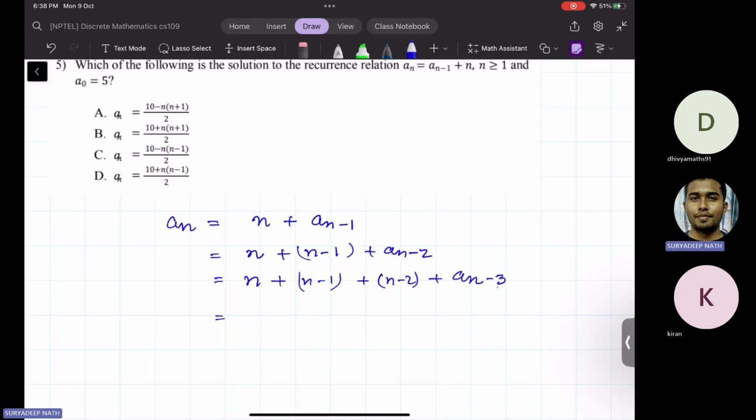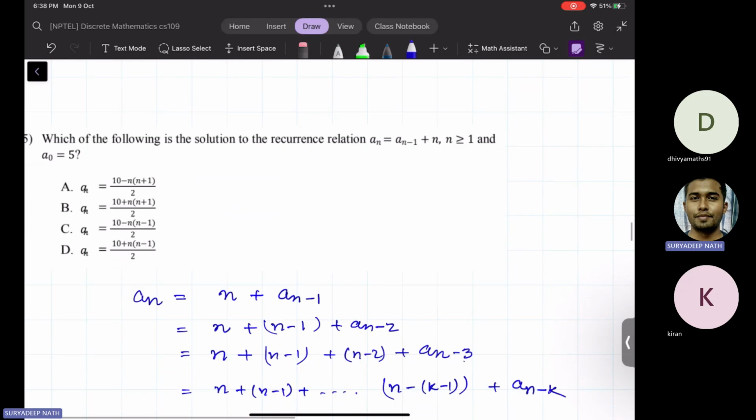So it will be n plus n minus 1 up till n minus k minus 1 plus n minus k. Now we have to go to 0.